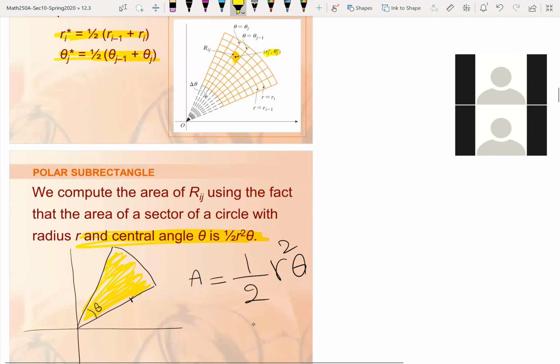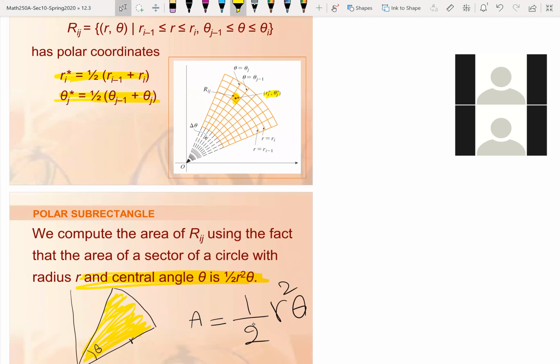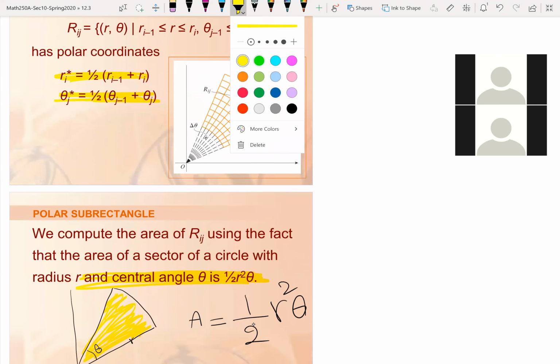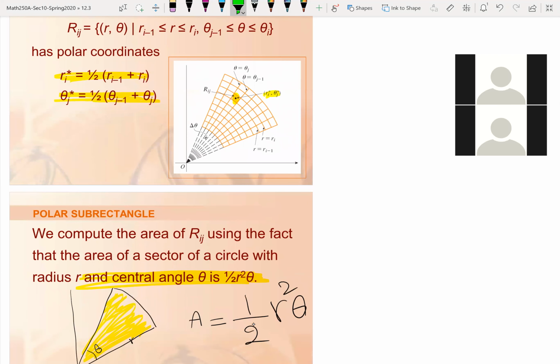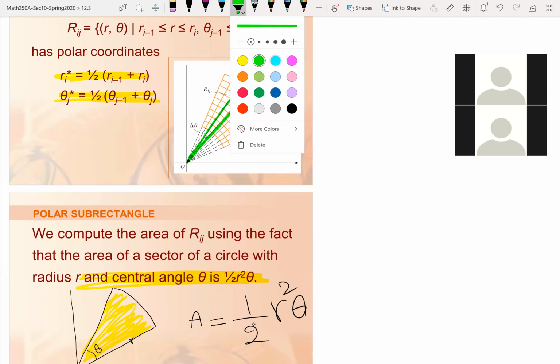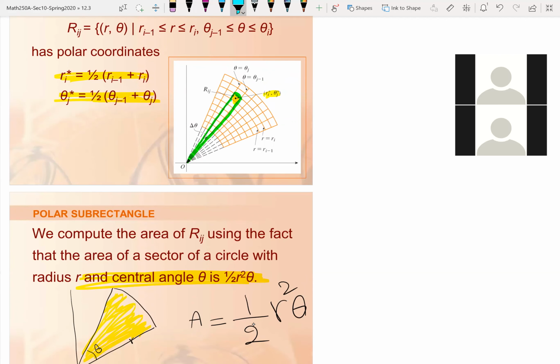So in order to get that little piece right over here, I'm going to show it right here. The area based on the geometry is going to be the area of this big sector, which I make with the green, minus this small sector, which I need in a darker color.